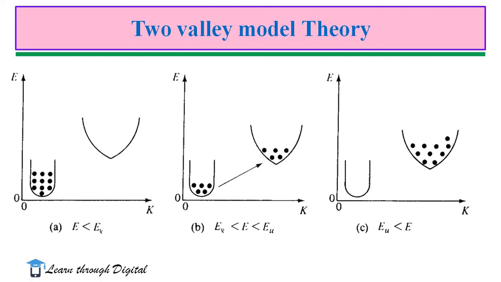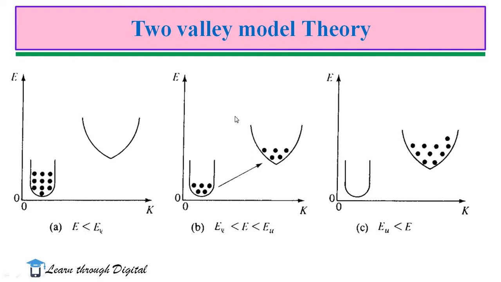This is the first case. And when the applied electric field is higher than that of the lower valley and lower than that of the upper valley, that is between the range EL and EU, the electrons will begin to transfer to the upper valley.